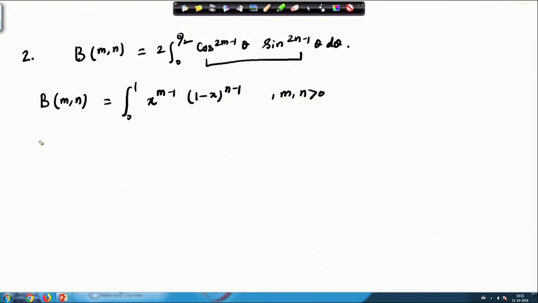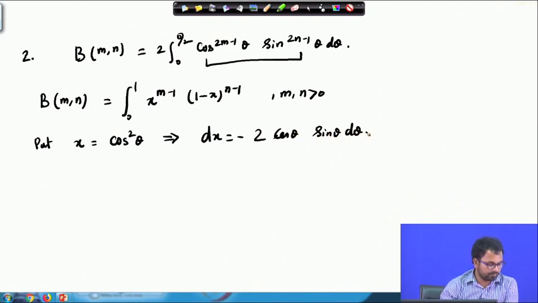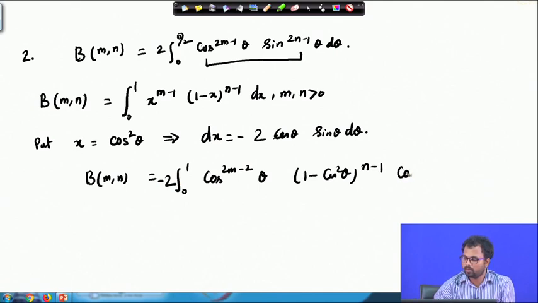Now we put x equals cos square theta, then dx would be minus 2 cos theta sin theta d theta, and therefore our beta mn will become integral from 0 to 1 of cos to the power 2m minus 2 theta times (1 minus cos square theta) to the power n minus 1, and then dx is minus 2 cos theta sin theta d theta.